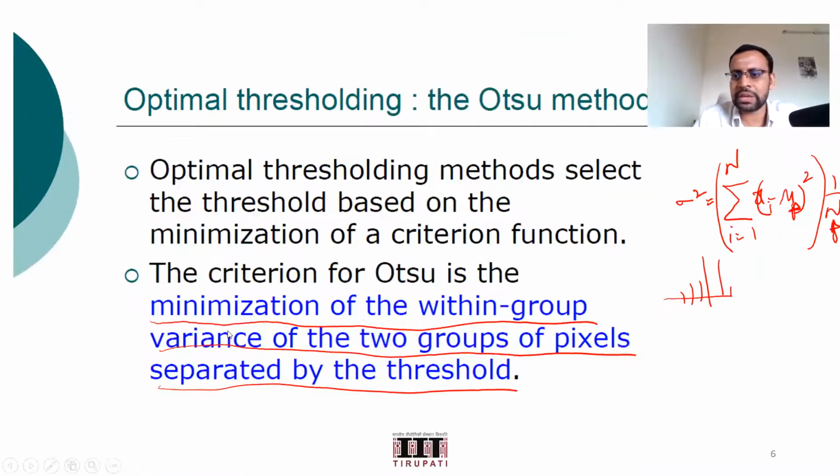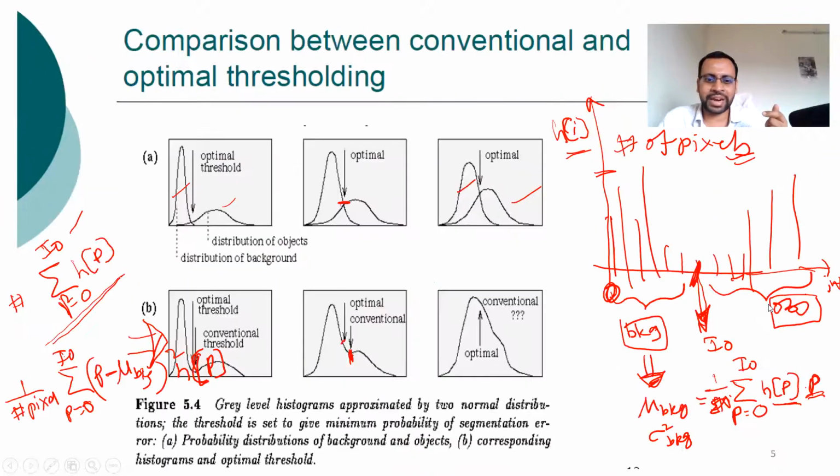Because it's a simple thing. When you are writing this, you are just clubbing together those pixels which have the same xi value. There are 4 such pixels. That is what your histogram is giving you. So instead of going from 1 to n, if you assume that you have some k possible distinct intensities, you are rewriting that equation as 1 to k, and putting that multiplication factor of number of pixels as h of p.